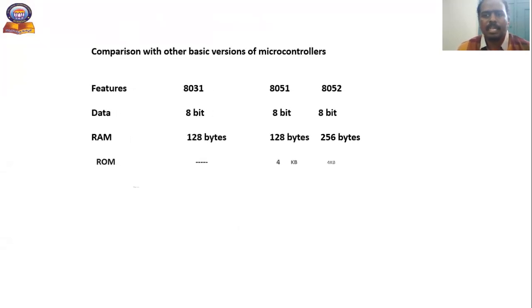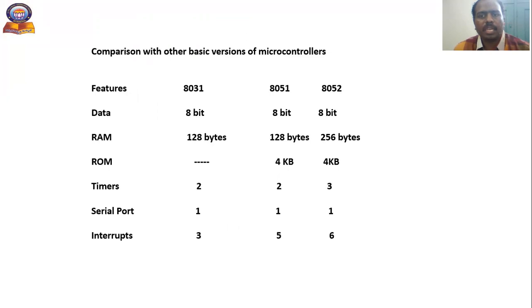This slide depicts a general comparison between basic microcontroller versions from Intel. Features of the 8031 microcontroller, which is a predecessor of the 8051: it also has 8-bit data lines, 128 bytes of RAM, and does not possess any on-chip ROM.